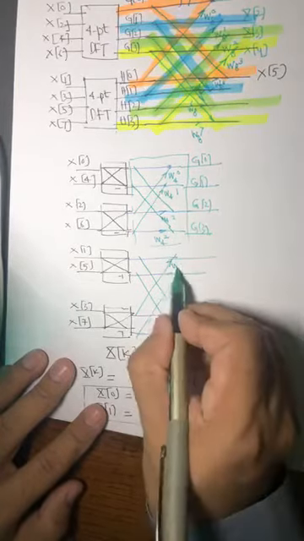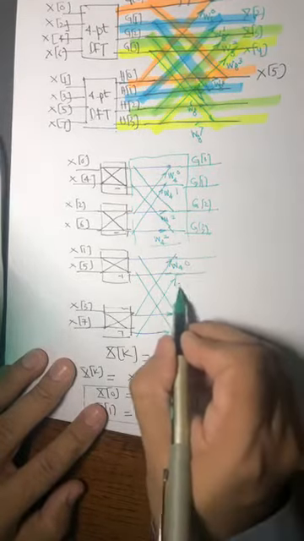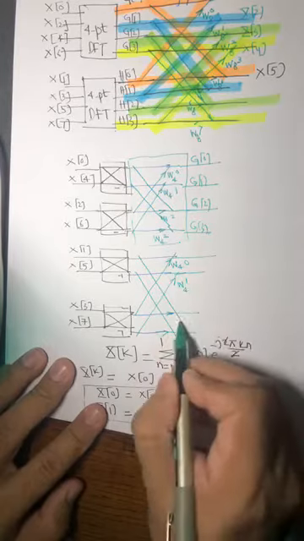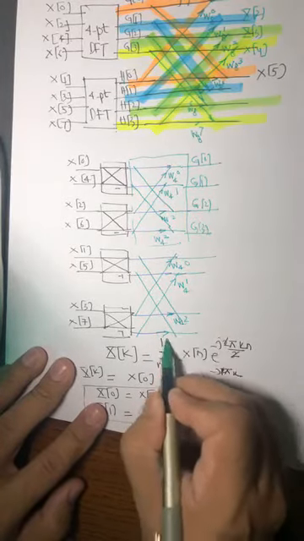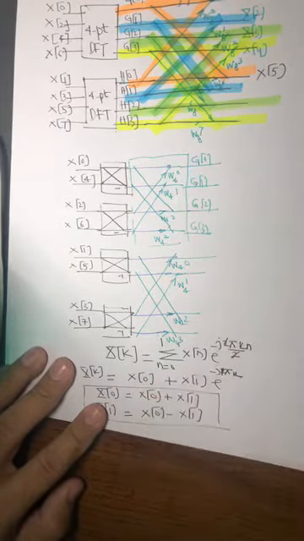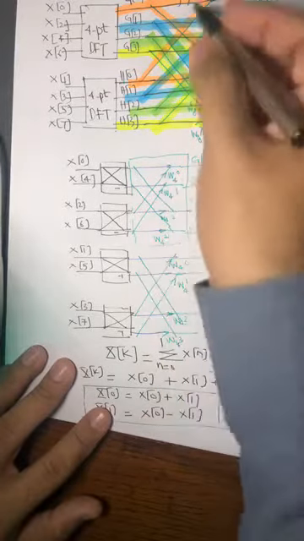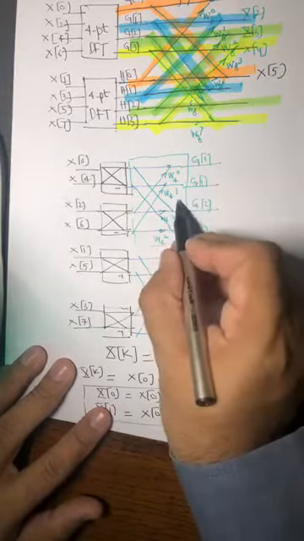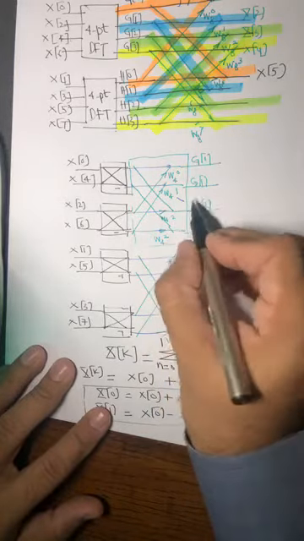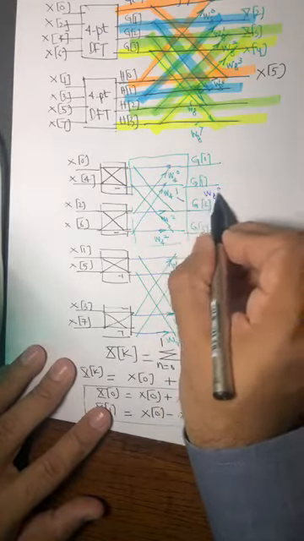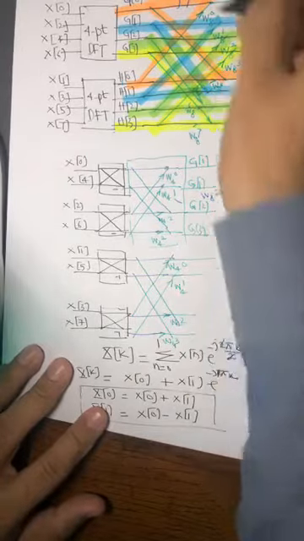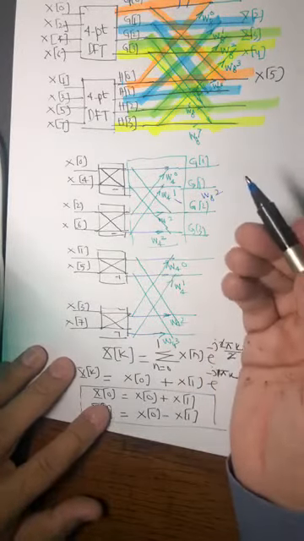Same: W4^0, W4^1, W4^2, W4^3. And W's have some relationship: W4 has a relationship with W8. It's a simple relationship. You multiply both with 2, so this is W8^2, and because you don't have to recalculate all these, you can use the same one.